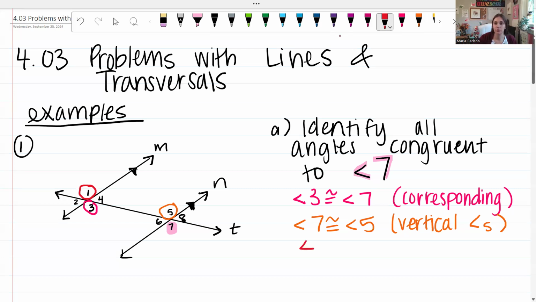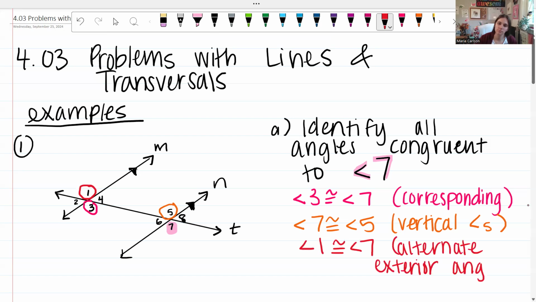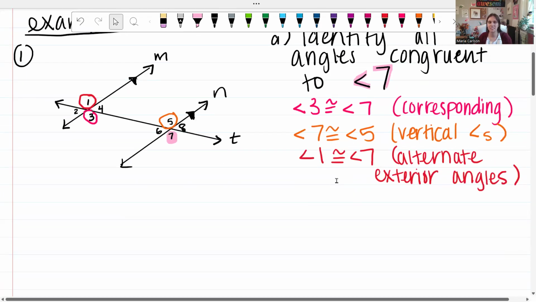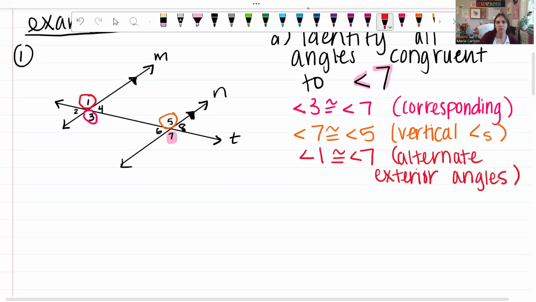And those two angles are congruent. So angle 1 is congruent to angle 7. These are alternate exterior angles. So those are the main kind of 3 sets of congruent angles here.